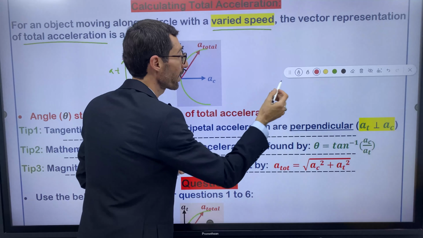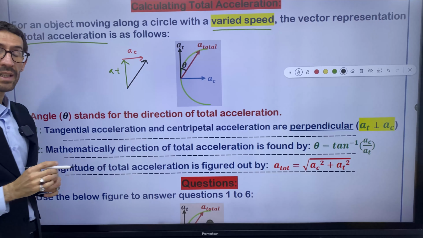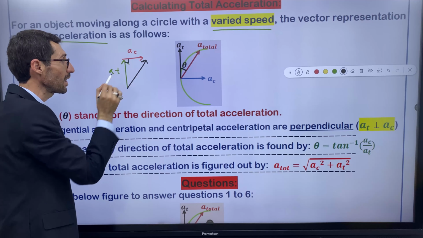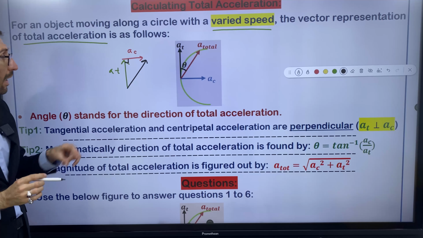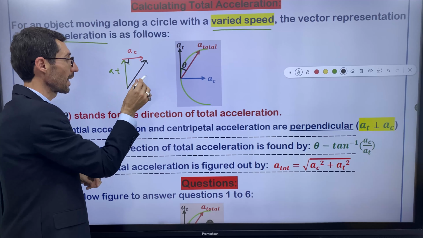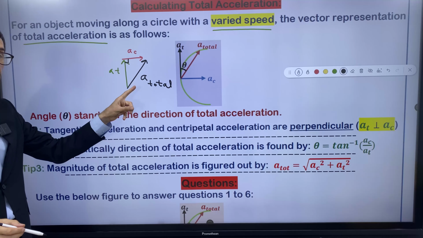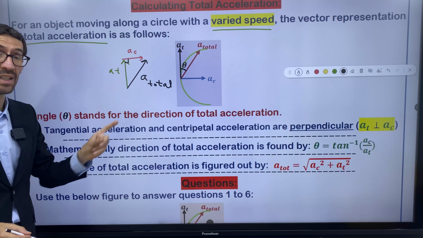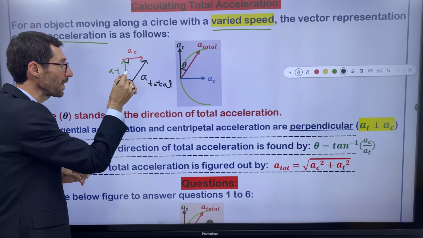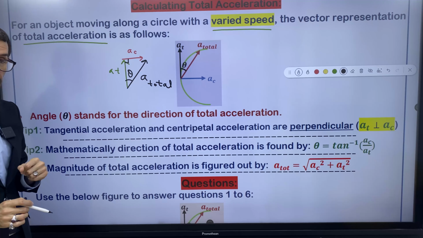We look for the third side, the hypotenuse, creating a right triangle. This is a right triangle because AC and AT are perpendicular to one another. They make 90 degrees here, and this one is A total. A total is the longest side, the hypotenuse, the resultant of AC and AT. And this angle will be theta, the direction of total acceleration.